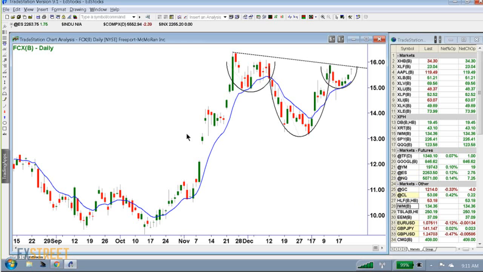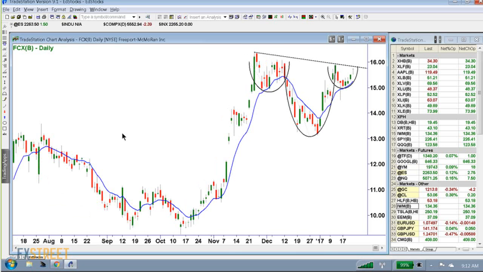I think it went from 8 to 16. Did it go from 8 to 16? No, it went from 9 to 16, my bad. And then the pullback, and now it's all set up to buy. And you're saying, but Ed, I can't buy it because it's already doubled.